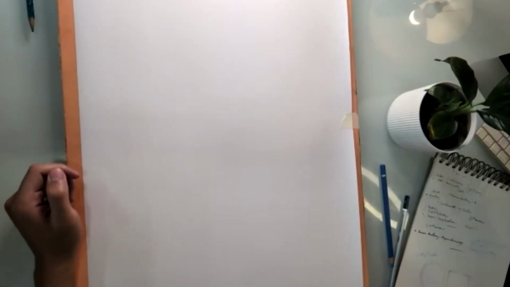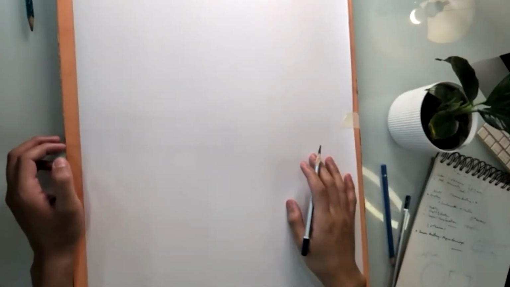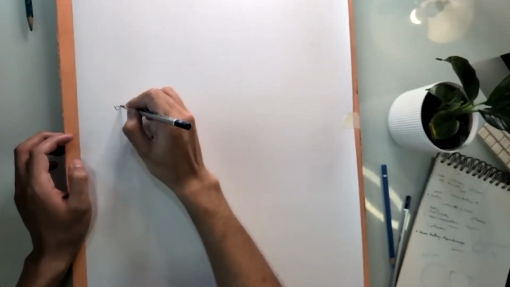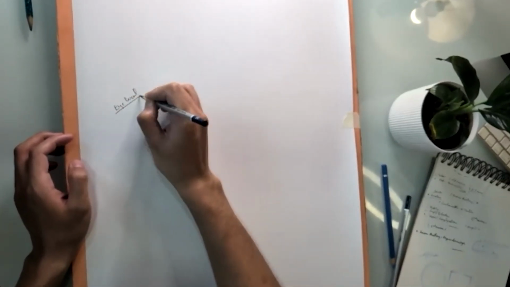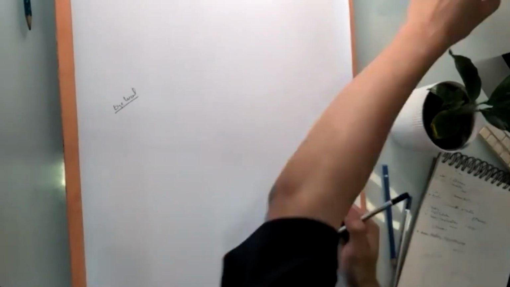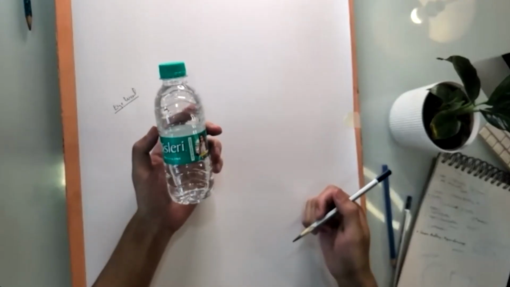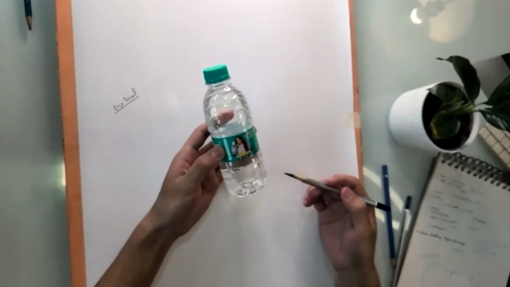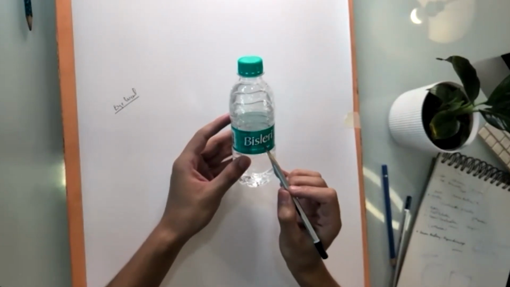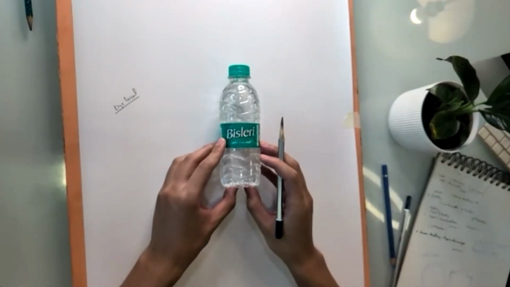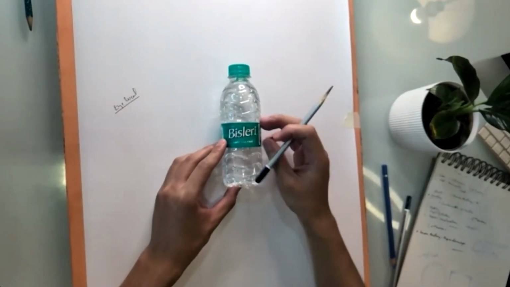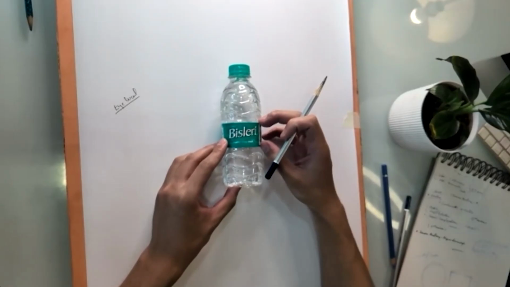Now, for example, all about perspective is just how you see the eye level. All right. So, like I told you, let's say I have here a bottle of water with me. Now, if I am able to see this word over here, BISLERI, for example, this one, I can see it, right? And I can see the covering of this.